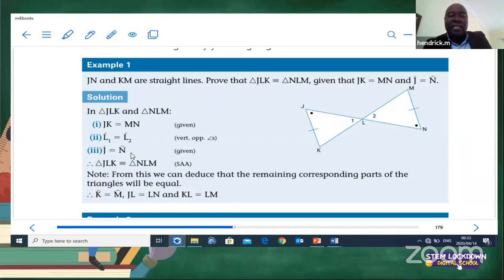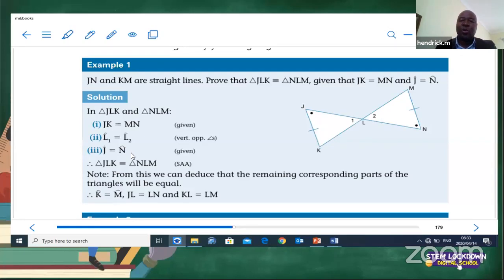The conclusion is triangle JLK will be congruent to triangle NLM. And of course, this means you've got one side and two angles, so you can write it as SAA or AAS. Can I pause for questions? If there's any question at this point, please engage me now before we proceed to the next example on congruency.